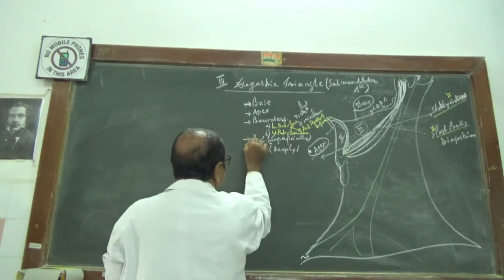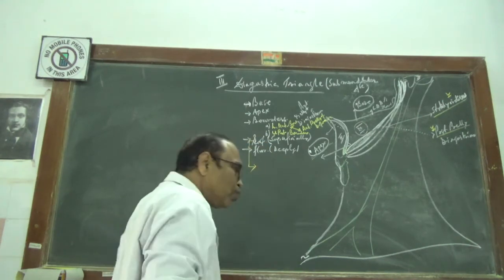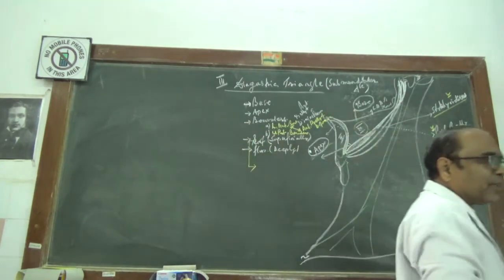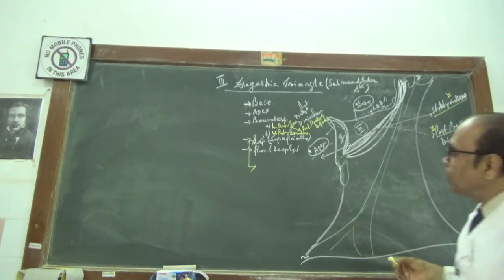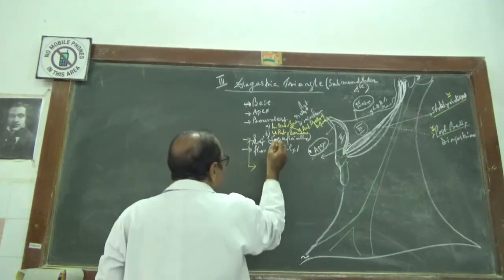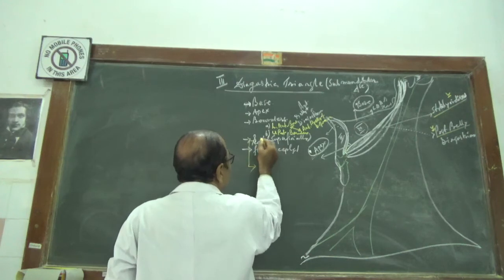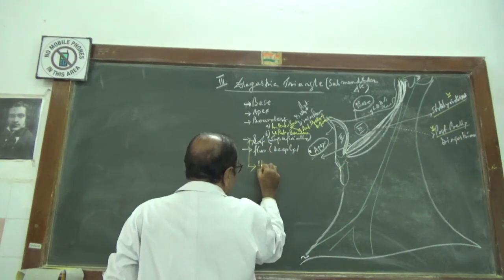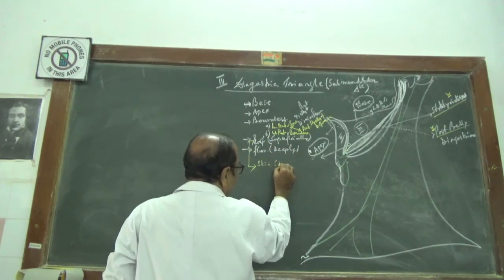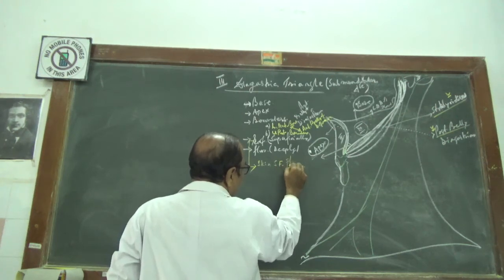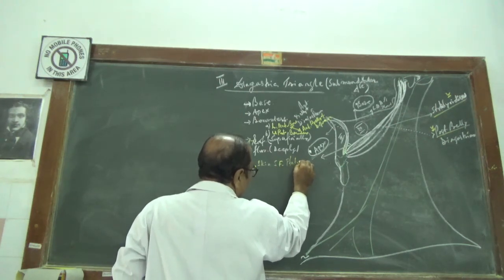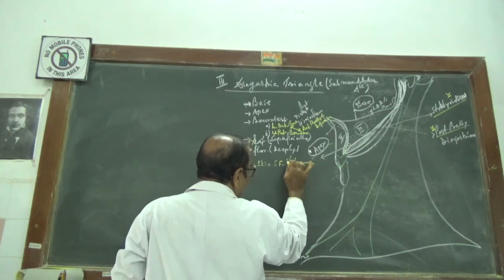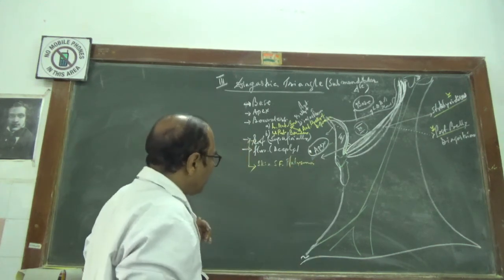Now you are going to have the roof. The roof, I mean to say, is superficial. Superficially it is related to the skin, and usually the skin will be there, superficial fascia will be there, and platysma will be there. Platysma is one of the most superficial muscles of the neck.